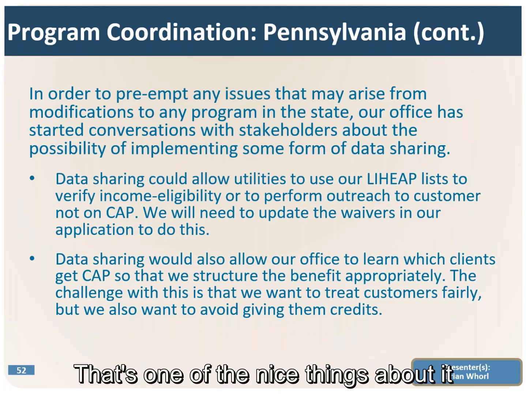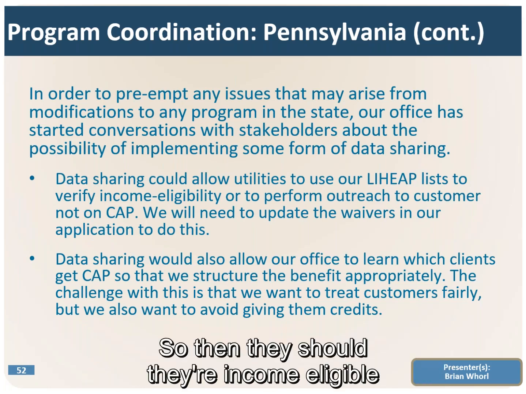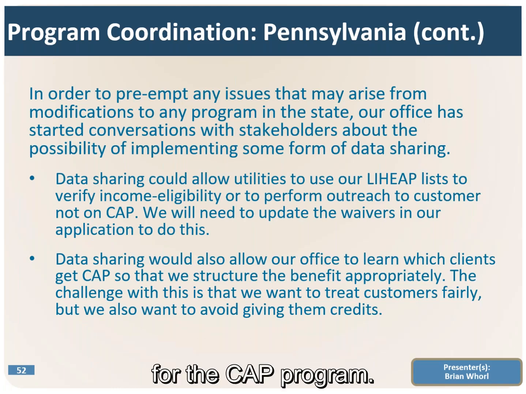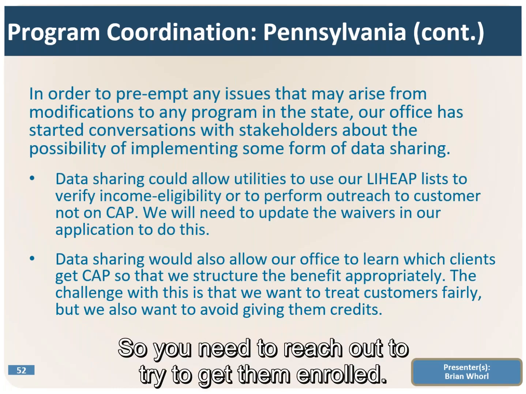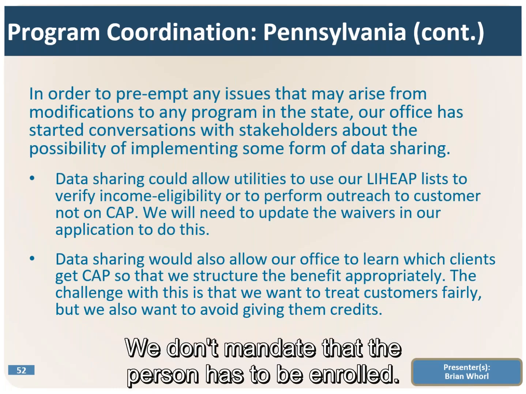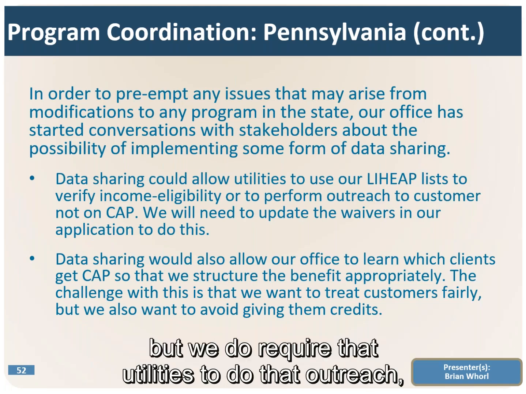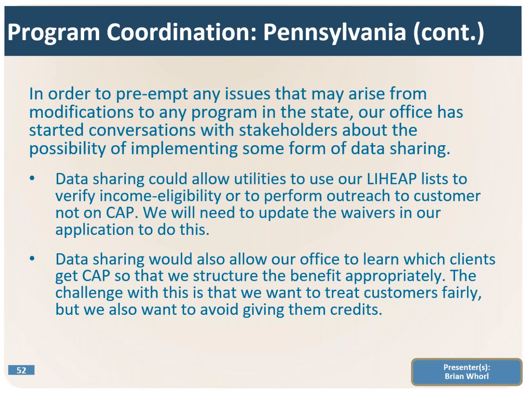That's one of the nice things about it, is that we can say they're income eligible for LIHEAP, so then they're income eligible for the CAP program. So you need to reach out to try to get them enrolled. Obviously, they still need to actually choose to enroll. We don't mandate that the person has to be enrolled. It's still the household's option. But we do require the utilities to do that outreach to try to make that determination.